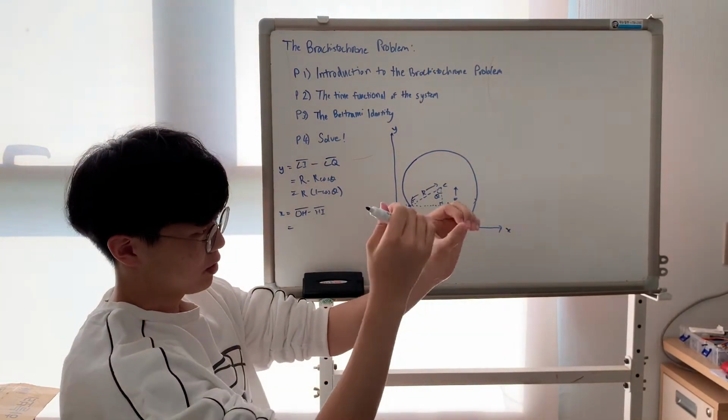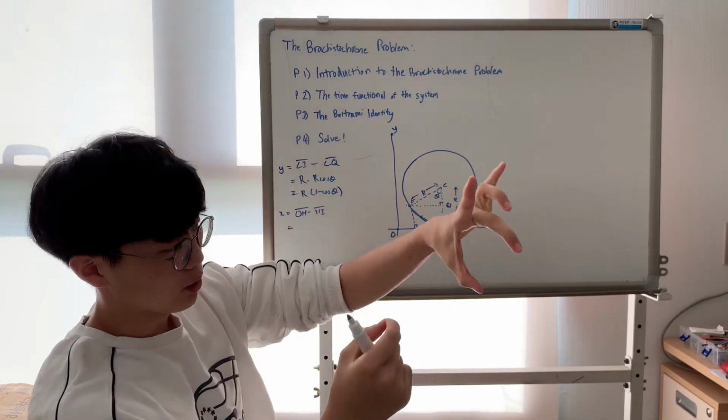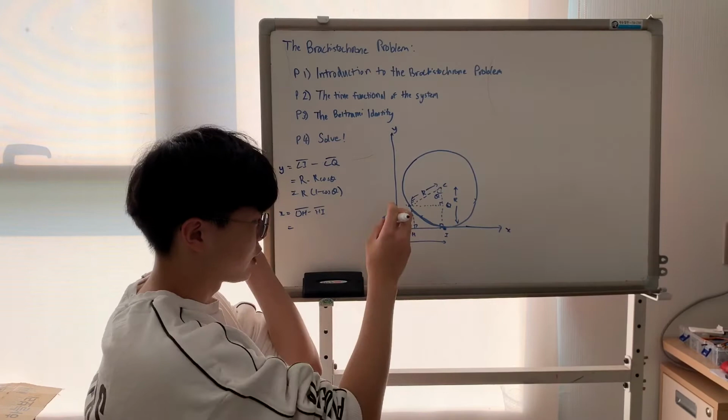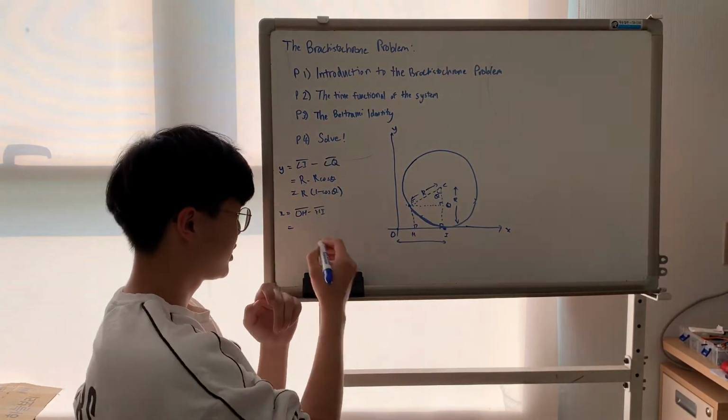And so the arc length is equal to the distance that the circle has traveled, which is OI.